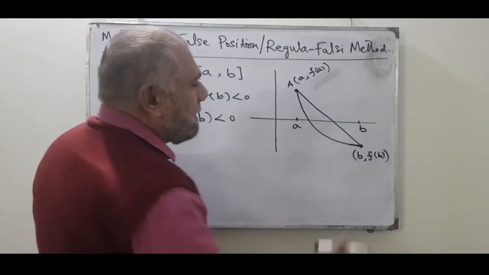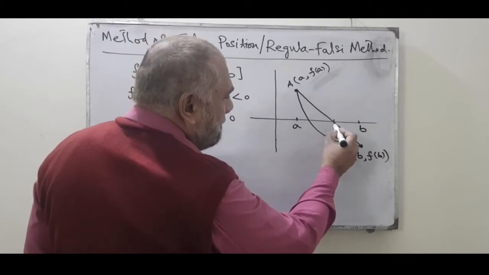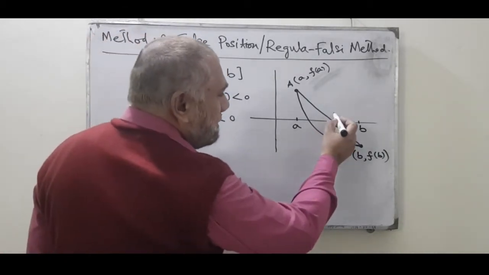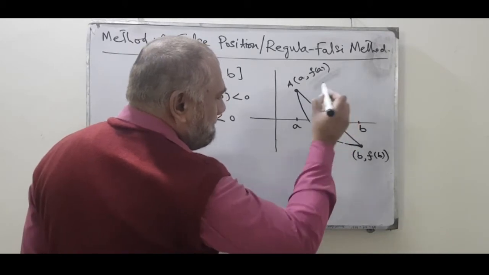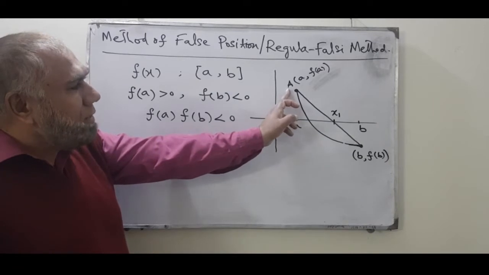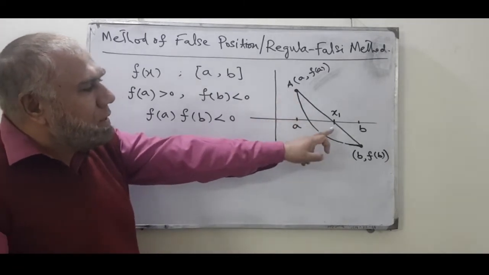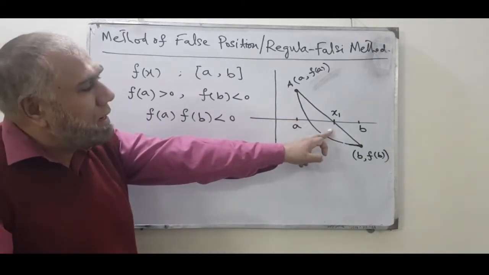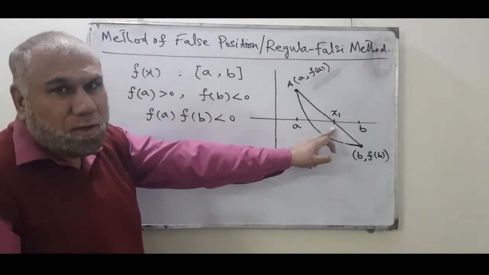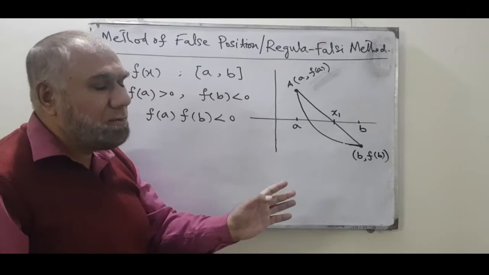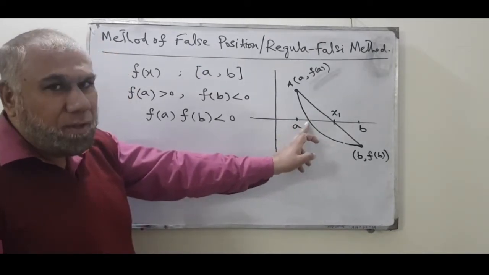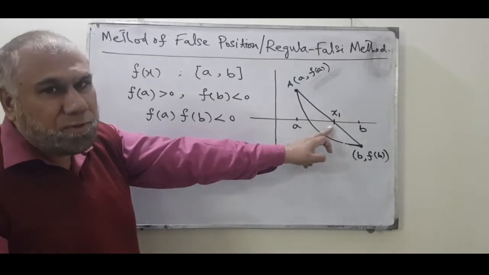Here you can see the straight line crosses the x-axis at this location, and we can label this location as x1. So the straight line joining these 2 points meets the x-axis at x1. So x1 is going to be your first approximation for the root of the function. The actual root is somewhere here, but this is the first approximation.